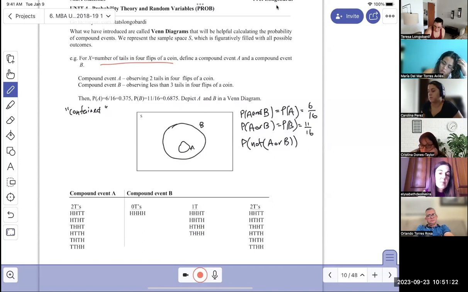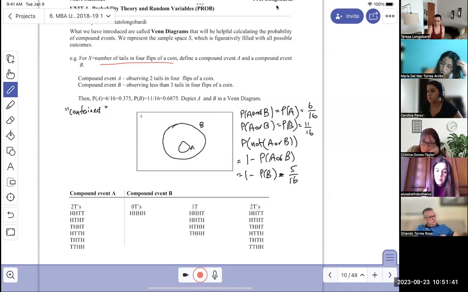And then the not is everything else. So it's just 1 minus A or B, but I know A or B is just B. So it's 5/16. It's easier to do that fraction representation. Okay, so once you understand their relationship, it's easy to solve.